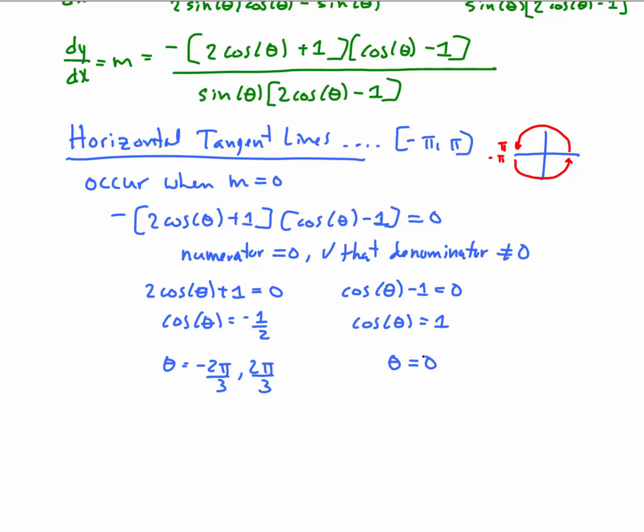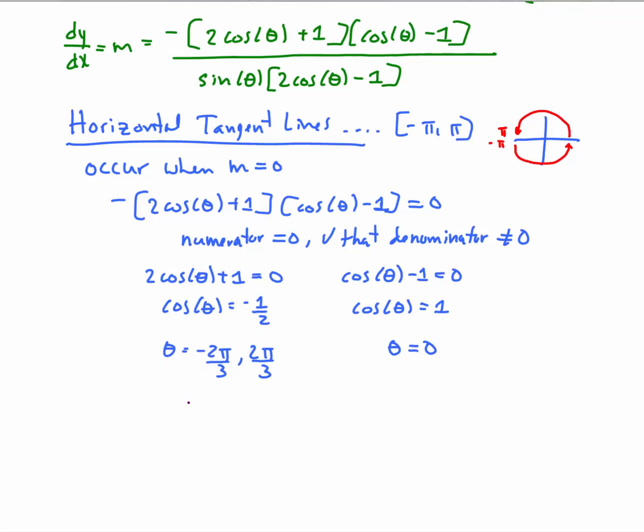The reason I need to double check is to be sure that the denominator does not equal 0 at any of these points. So note, the denominator does not equal 0 at, I'm just checking right here, there shouldn't be anything going on with 2 pi over 3 or negative 2 pi over 3.